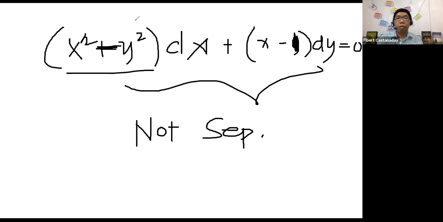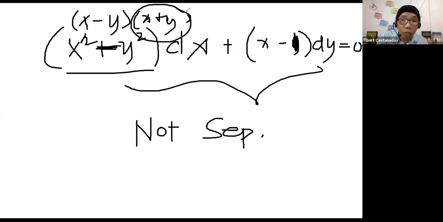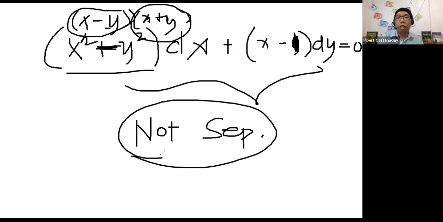Not separable. Because yung factored form nito is x minus y times x plus y. And this is not a pure function of y kasi may x pa rin dito. Not a pure function of x because may y pa rin dito. So, not separable pa din siya. Okay? So, careful.